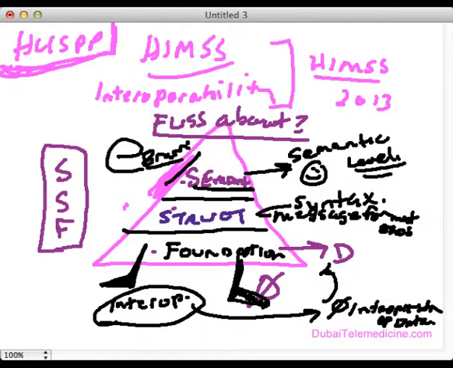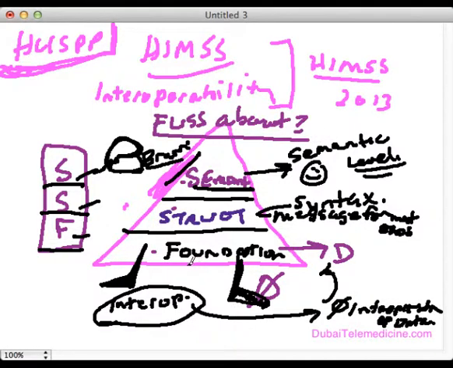So that's sort of at the foundation. But if you speak to somebody at the level of their face so that they can hear, they are going to be able to interpret the data. So semantic level data, structural level data, and foundational level data interoperability is basically the basics of this definition.